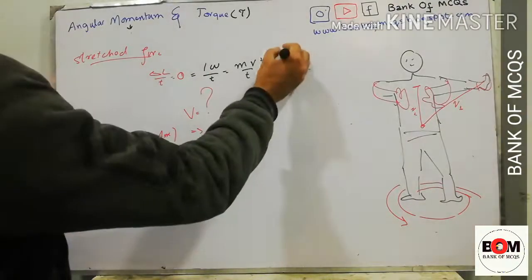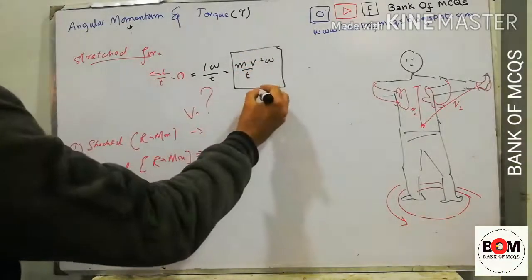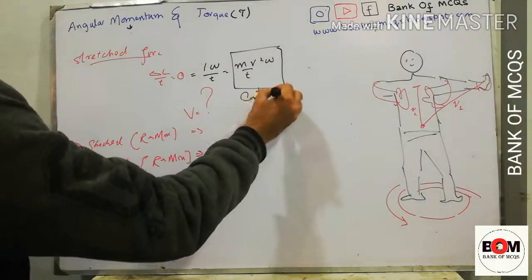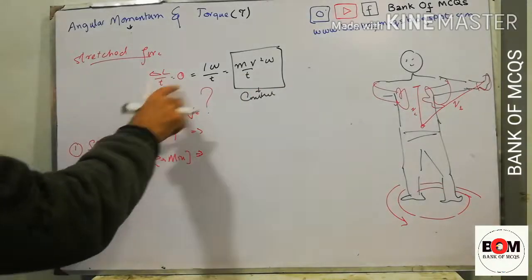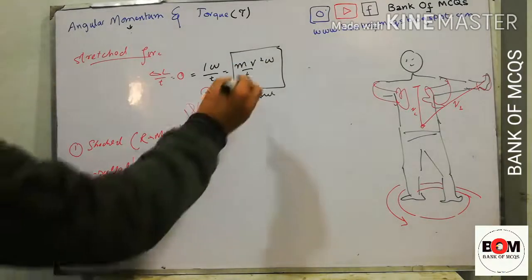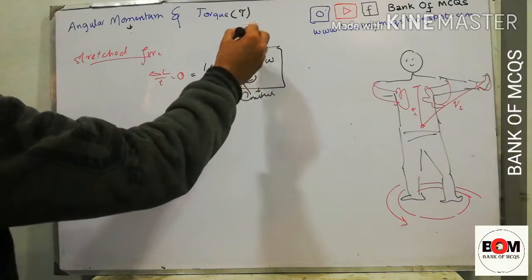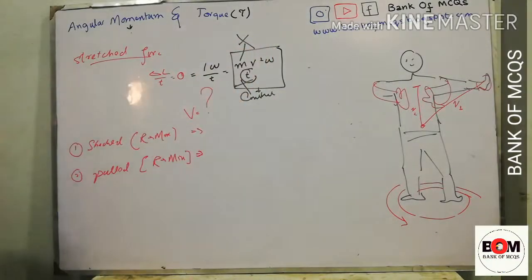It means that no change occurs and this remains constant. So m r square omega is constant. There is no relation with time here, so we will ignore t. Second, as the mass is not changed, m remains constant.